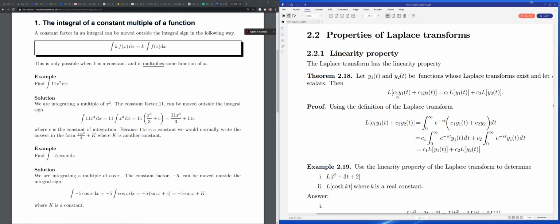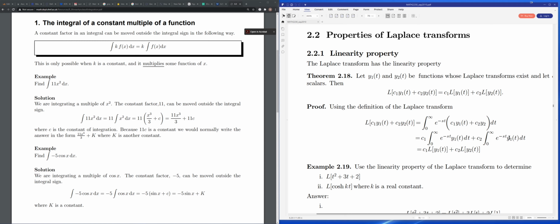Now, where does this linearity property of the Laplace transform come from? Well, to get the Laplace transform, remember what you're doing is an integral. This is the function that you want to take the Laplace transform of. You're going to multiply by an exponential, and this exponential times these two functions would result in exponential times y1 of t and exponential times y2 of t.